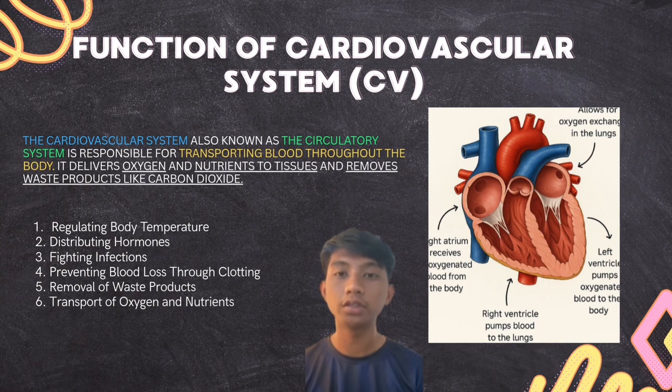There are six functions of the cardiovascular system that you must know. First, regulating body temperature, distributing hormones, fighting infection, preventing blood loss through clotting, removal of waste products, and last, transport of oxygen and nutrients.